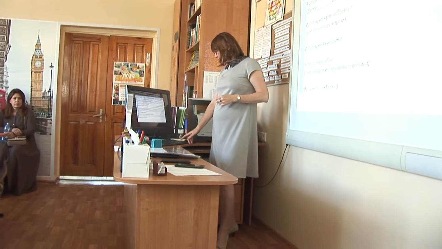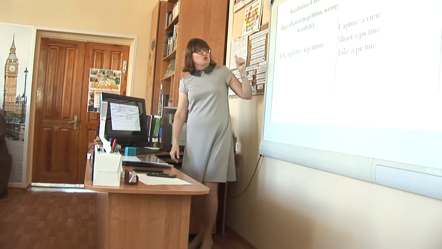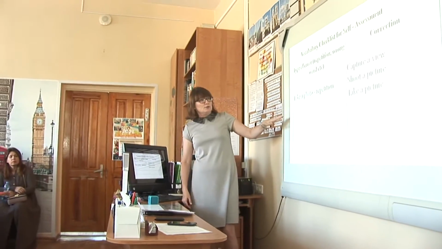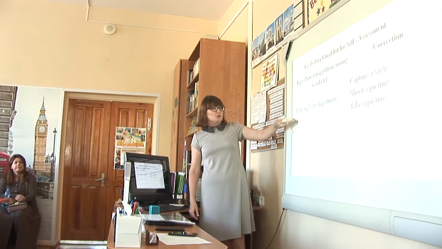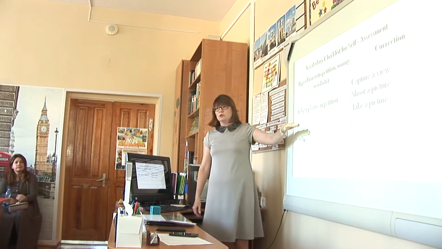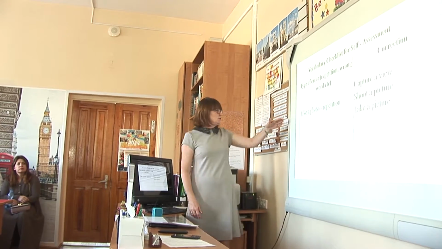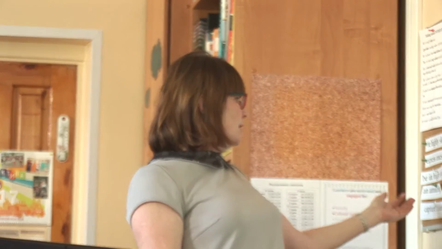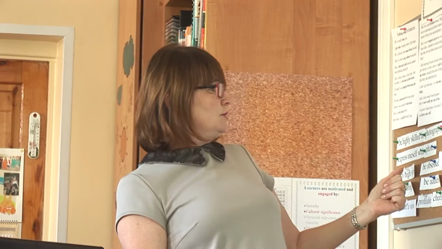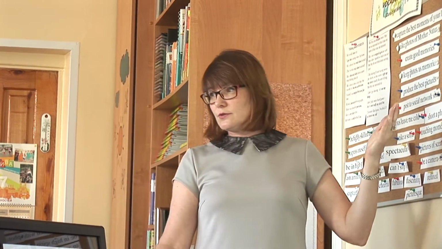Okay. So, as for this checklist, the error she made was "take a photo", a repetition. How can we correct it? Here you can see "capture view", yeah? What else? "Shoot a photo." So again, they are synonyms to substitute "taking a photo".